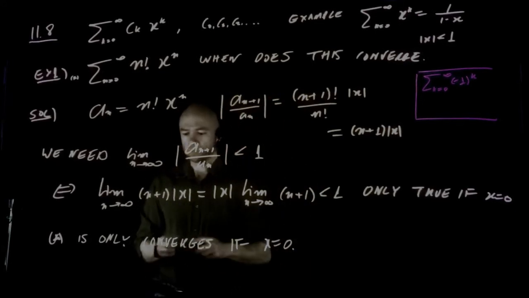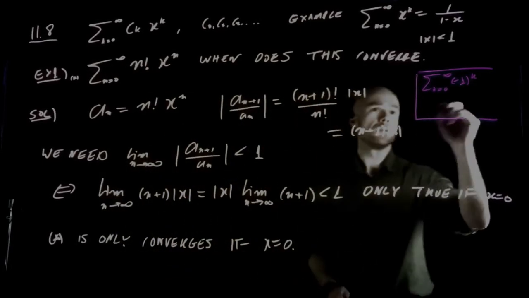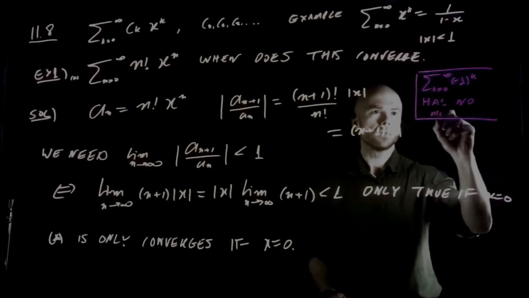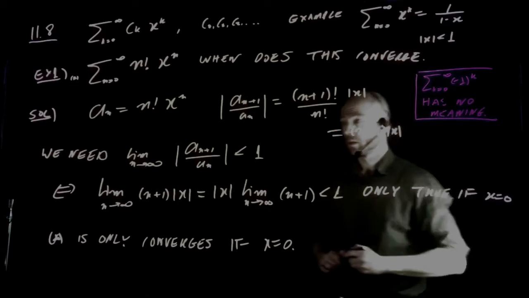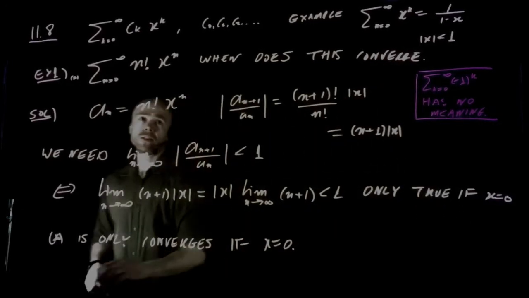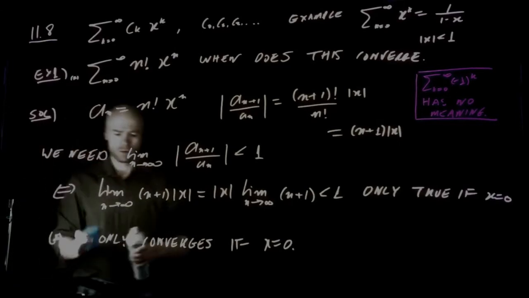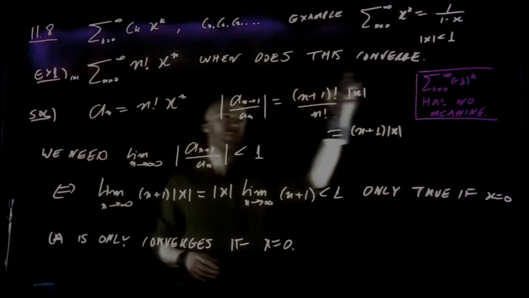All right, so let me just make sure I complete this. Has no meaning. So that's our first example, not a particularly interesting example of a power series, but let's consider some more.